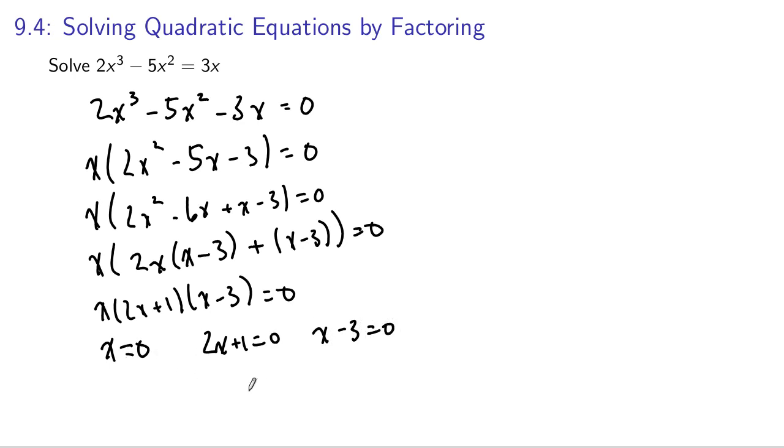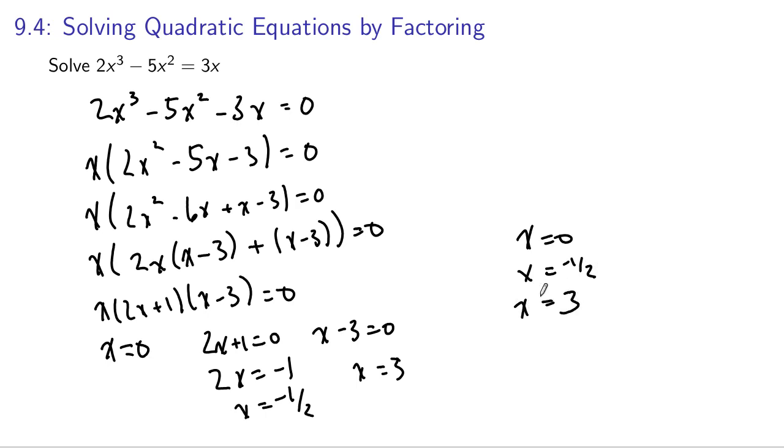We already have an answer here, so 2x could be negative 1, x is negative 1/2, and here x is 3. So we have three solutions: x is 0, x is minus 1/2, x is 3. That's one way to solve this equation.